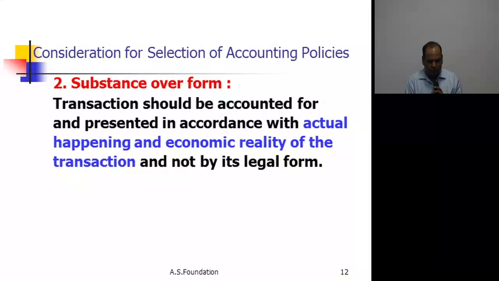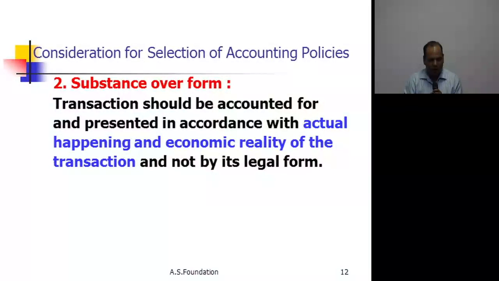A transaction may appear in one form, but its actual economic reality may be different. Like for example, finance lease. Assets given on lease under finance lease. In form it appears that one party has given the asset on rent and the other party is paying the rental. That is, in form it appears like a leasing arrangement.